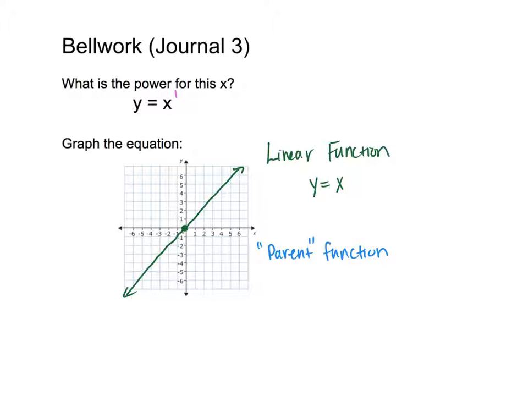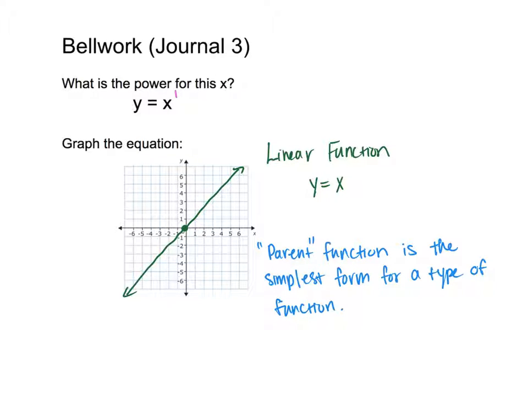So the parent function is the simplest form for a type of function. Okay? So in this case here, this is going to be the simplest form. Notice how it hits, and generally the parent function will go through the origin in one of the points.